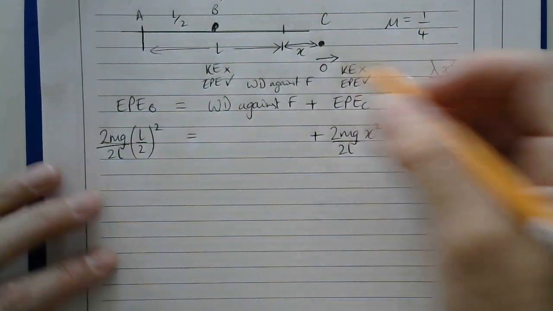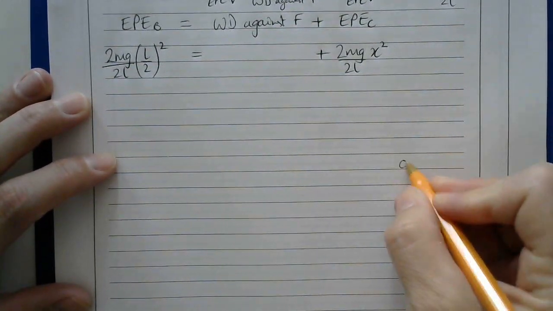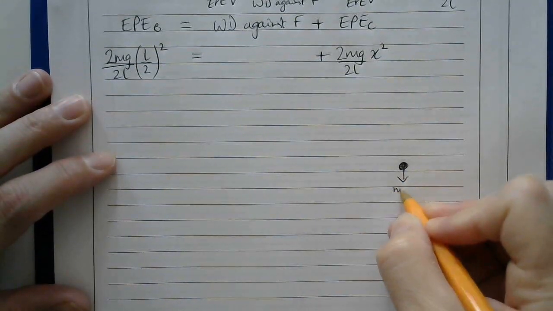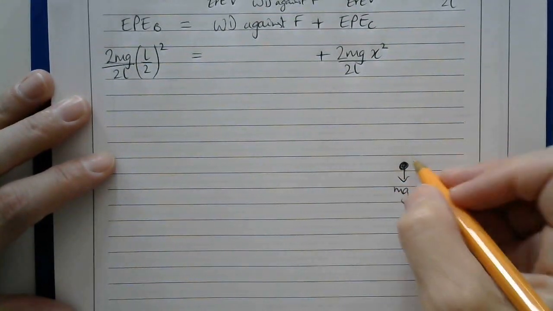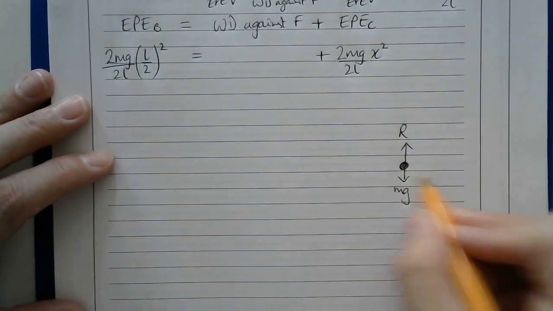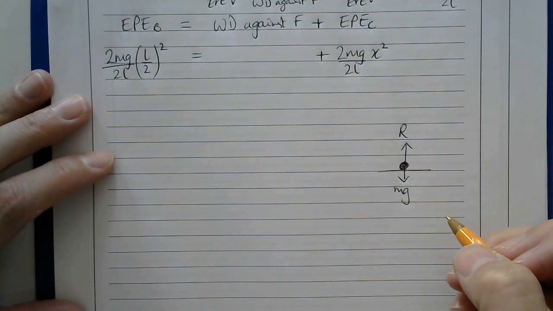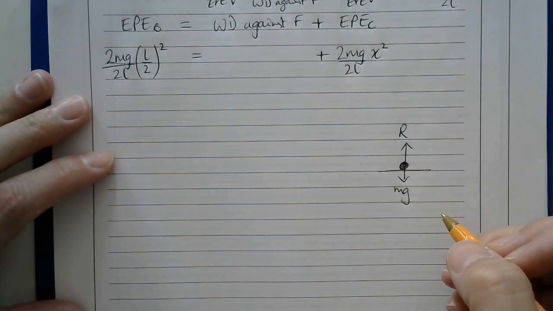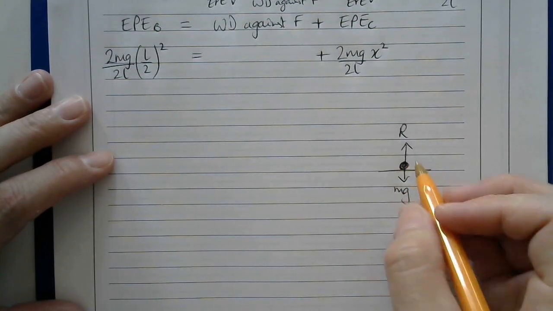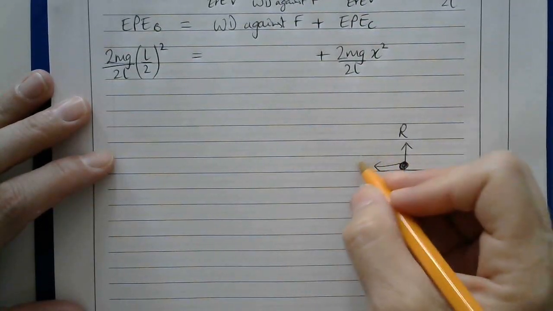So I know that if I have a particle, the mass was m, so the weight is mg. I know that there will be a reaction force because it's touching a surface, and I know that friction will be equal to mu R because it's moving.